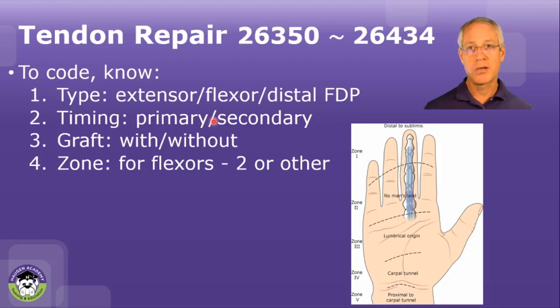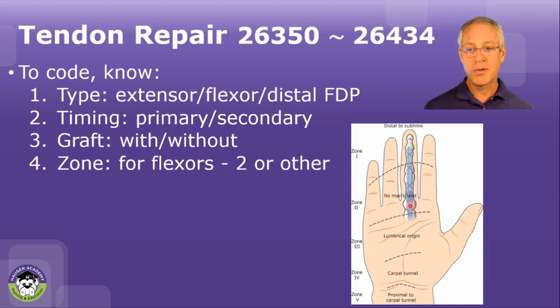Secondary repairs of tendon lacerations often are done in the case where the proximal part of the tendon is retracted up into the forearm. Therefore, the third element is often more commonly needed, that is a graft, and there are codes for both with and without grafts. And then finally, in the special case of flexor tendons, whether the laceration is in zone 2 or no man's land, which exists from the distal palmar crease, where the A1 pulley starts, and goes down to where the profundus tendon exits from beneath the sublimis tendon.